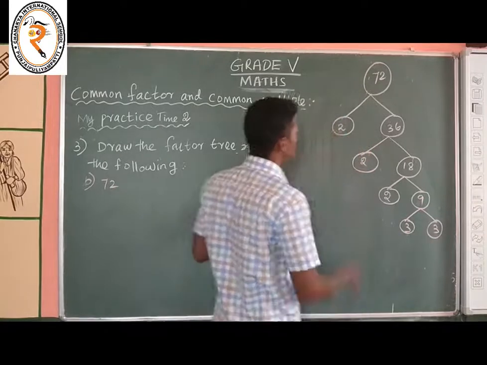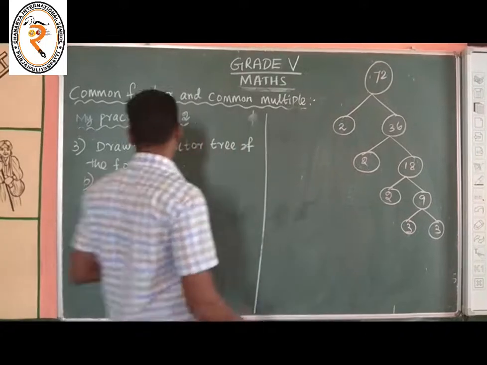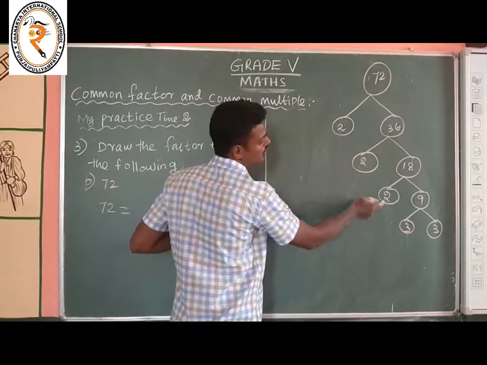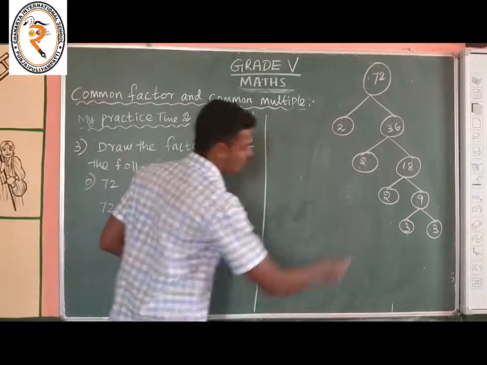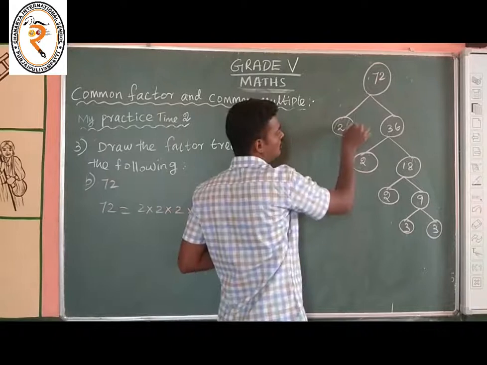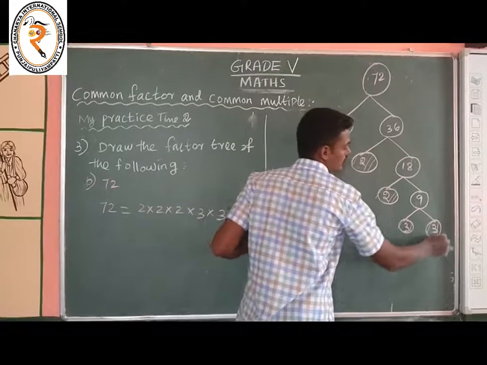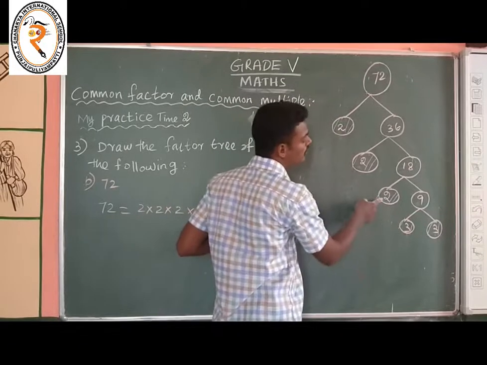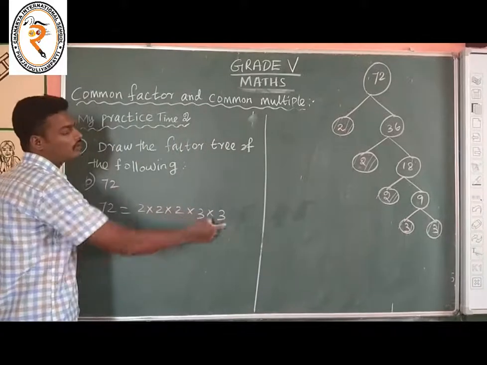So 3 is completed. 2, 2, 2, 3 and 3. 72 is equal to 2 comes 3 times, and 3 comes 2 times. So we get only prime numbers. 2 and 3 are prime numbers. 72 is equal to 2 into 2 into 2 into 3 into 3.